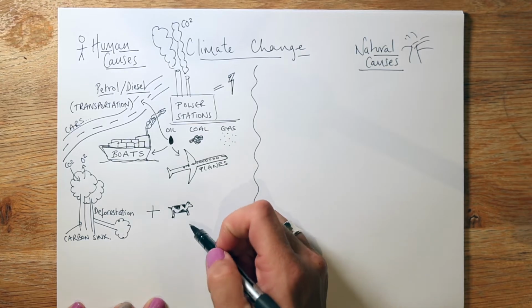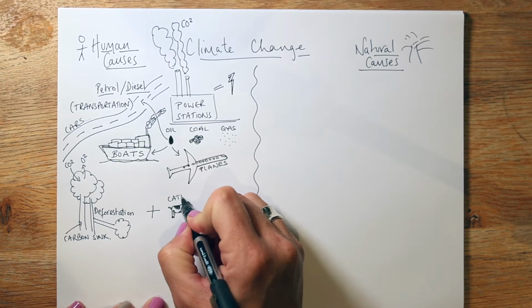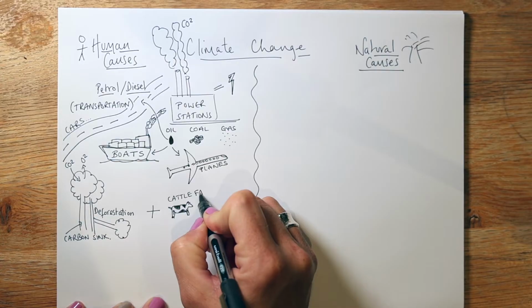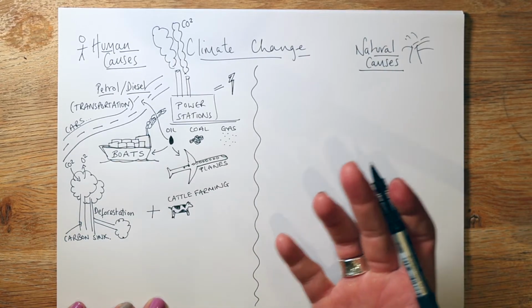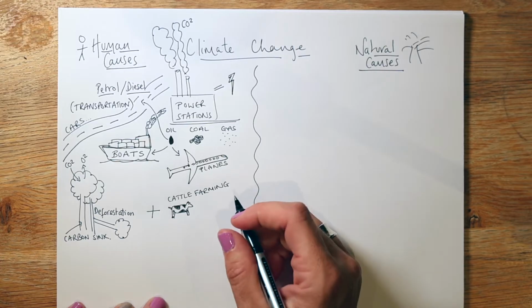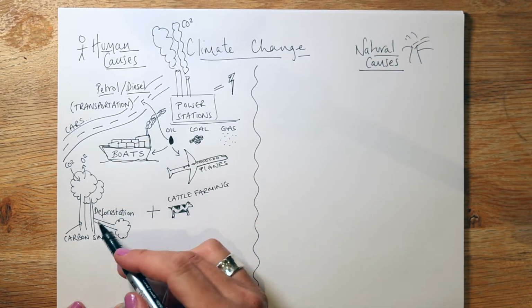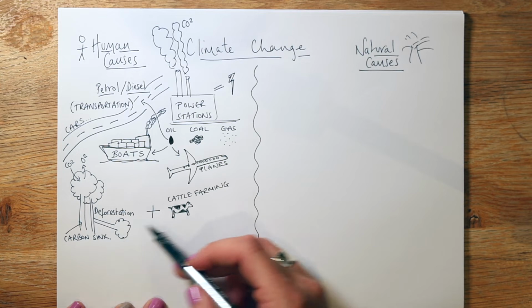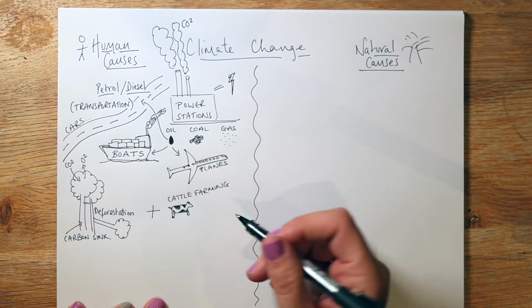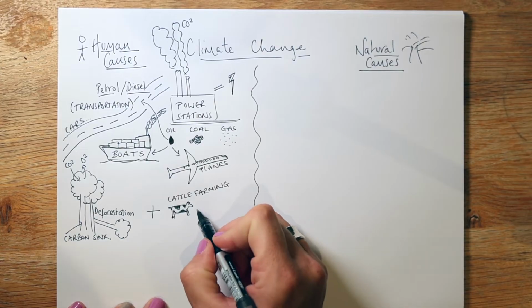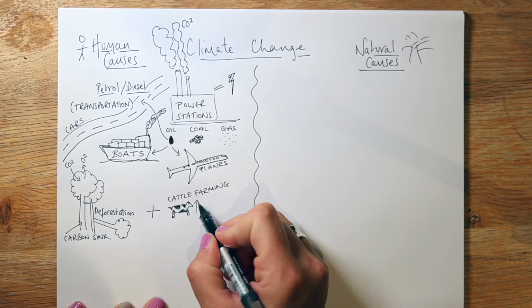Right, so cattle farming. Now, essentially what's happening around the world, mainly in our newly emerging economies, places like Malaysia, places like the Amazon, is they're cutting down the trees to make space for grazing land, for very basic, really, grasses, so they can have loads and loads of cattle.